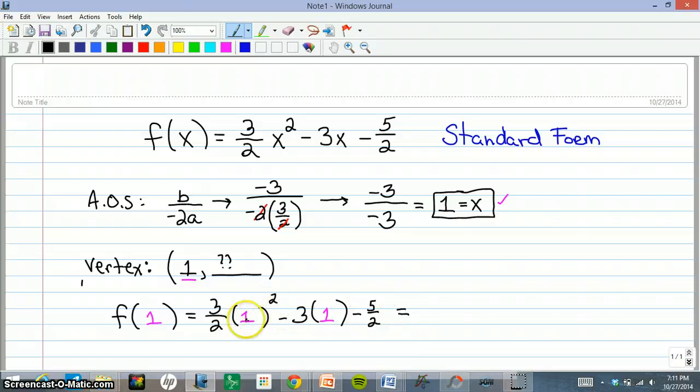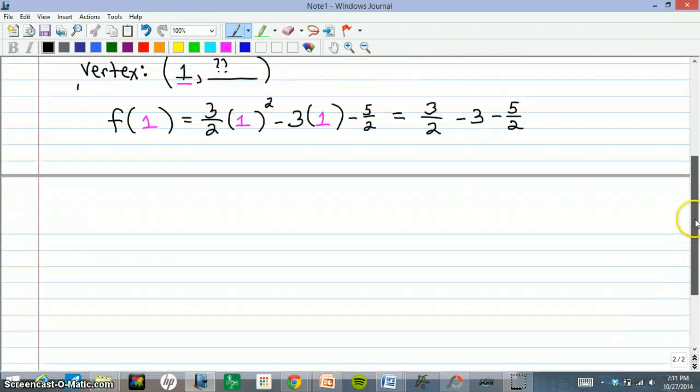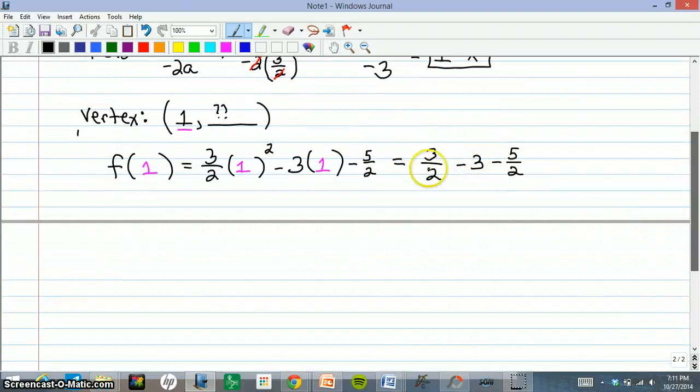Following the order of operations, 1 squared is 1 times 3/2 is 3/2. Take away 3 times 1, that's just 3. Take away 5/2. We can do this in any order, since we're allowed to add or subtract in any order, just paying attention to the signs.